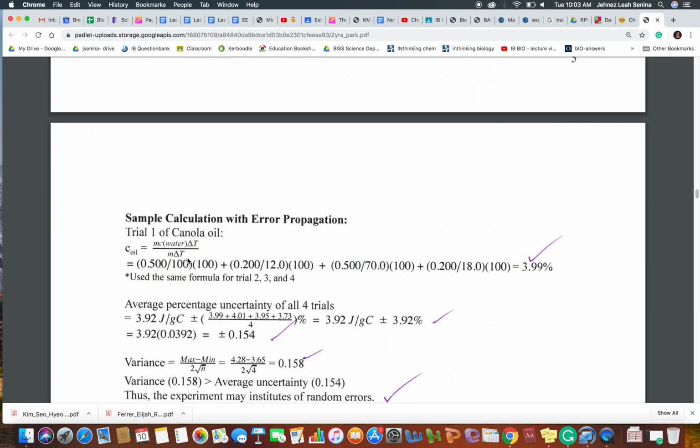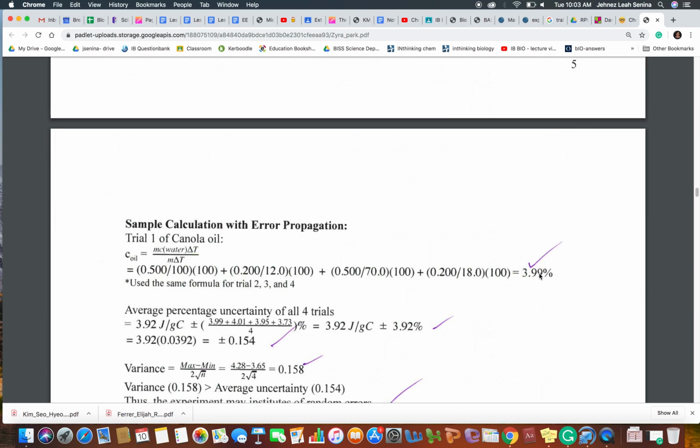So you're calculating C now, but each variable there, this one, this one, this one, have their own uncertainties. So you get their percent uncertainty and you add them all up. That's where 3.99 came from. Question? So we're clear.